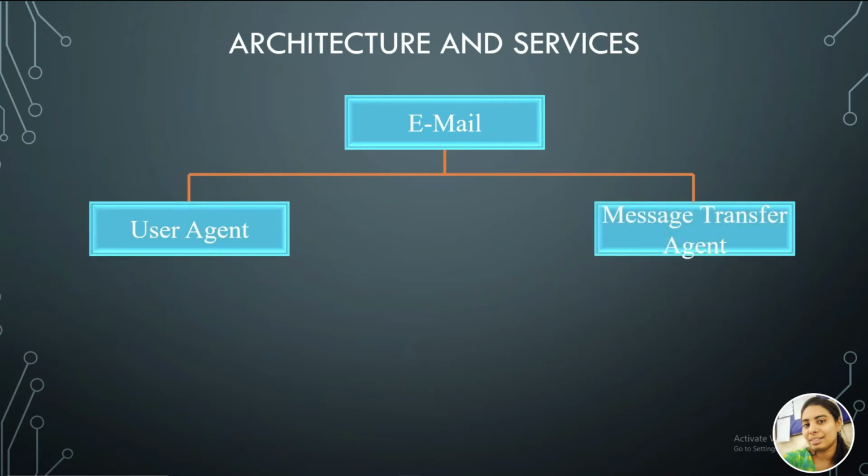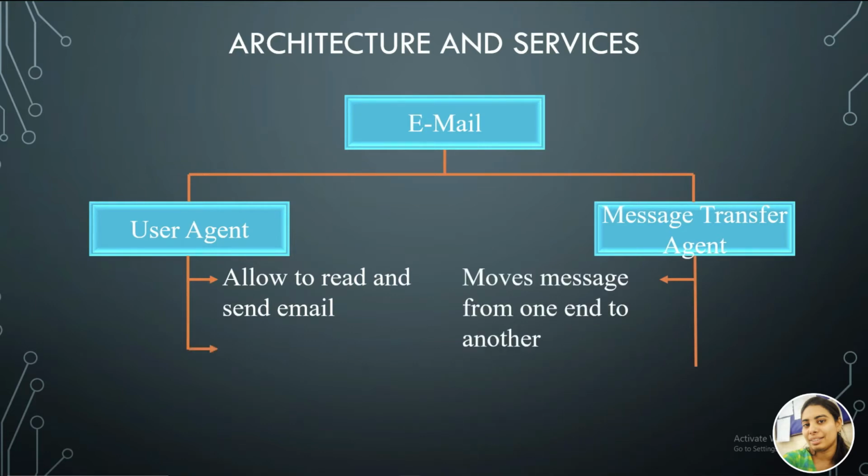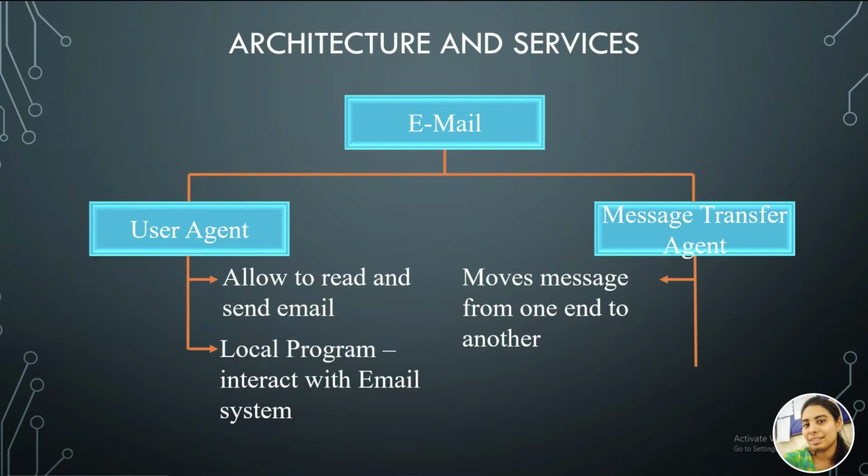The difference between these two entities is that the user agent allows a user or client to create, read and send the mail, while the message transfer agent moves that mail from one end to the other. We can say that the user agent is a local program used to interact with the email system, while the message transfer agent is a daemon which runs in the background.